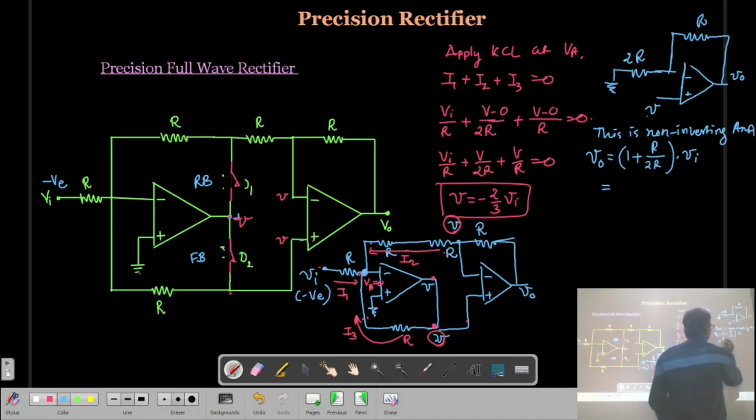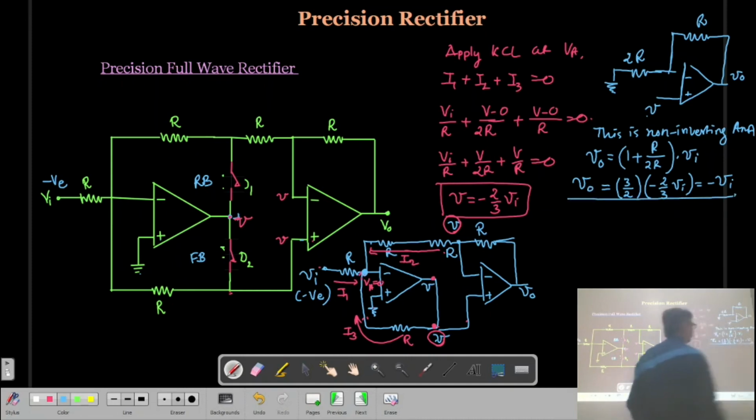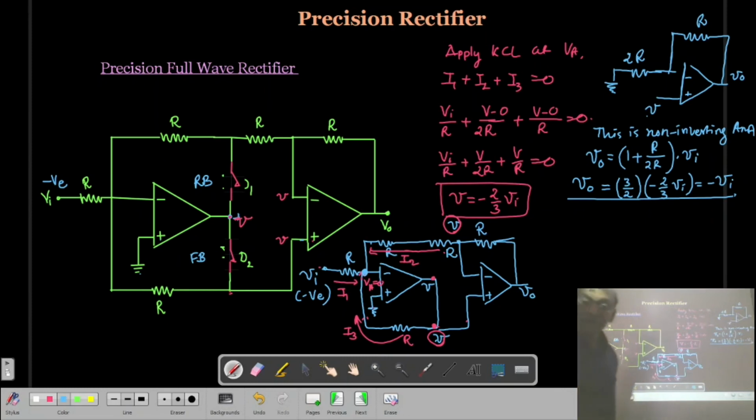So here what we have? 3 by 2, and the input voltage is minus 2 by 3 into Vi. So you will get minus Vi. Vo is equal to minus Vi.